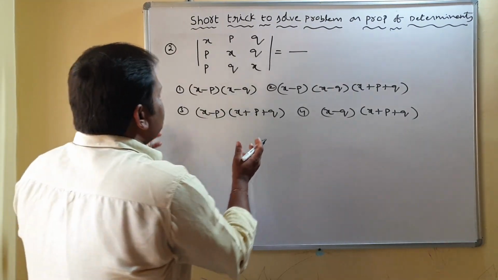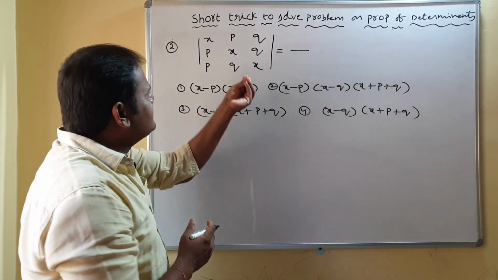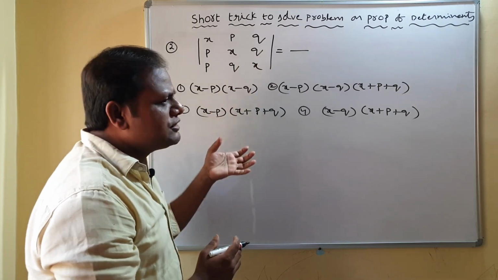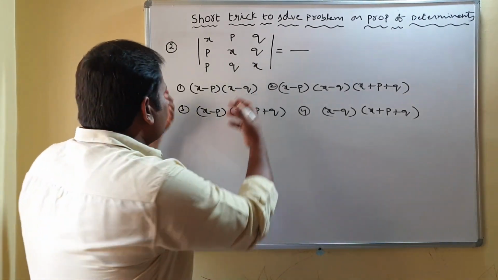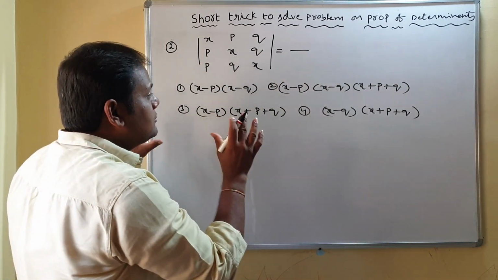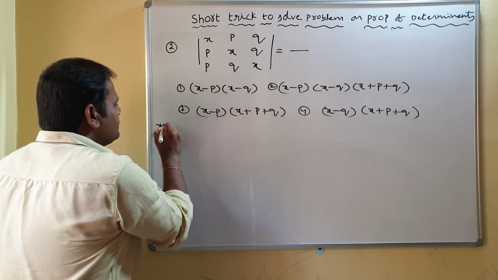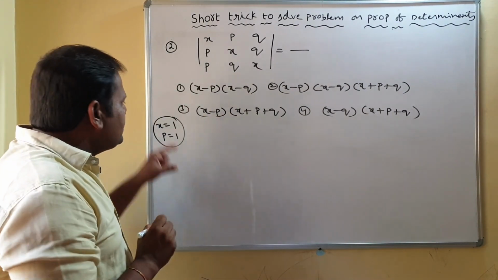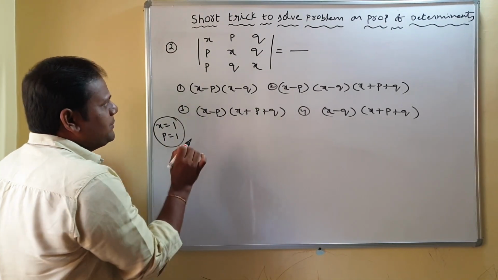Okay, moving to next. We have to evaluate this determinant. Again, we take some values in place of x, p and q. In the last question, I had taken x equal to y equal to z equal to 1. So here also you take values, but you must be very careful. Suppose you take x equal to 1, p equal to 1, and q equal to something, whatever it may be.